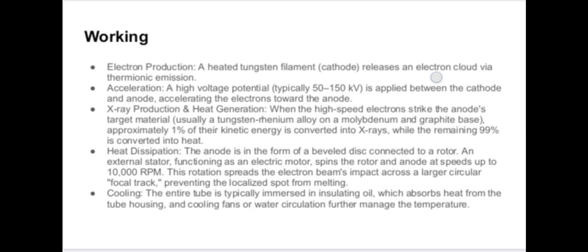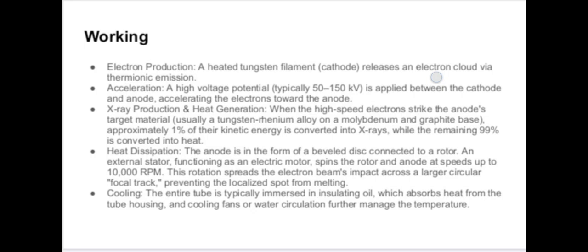The anode is in the form of a beveled disc connected to a rotor. An external stator functions as an electric motor and spins the rotor and anode at speeds of up to 10,000 rotations per minute.